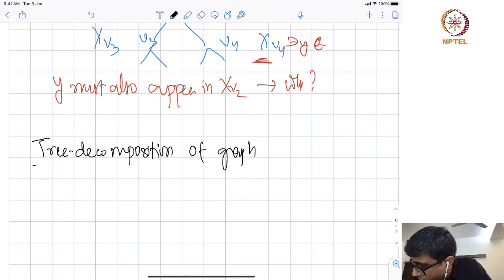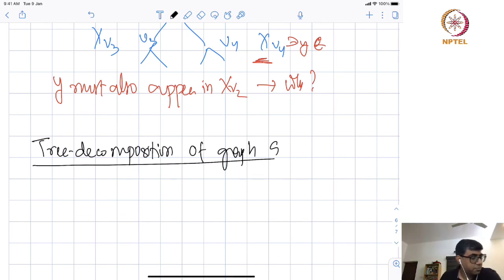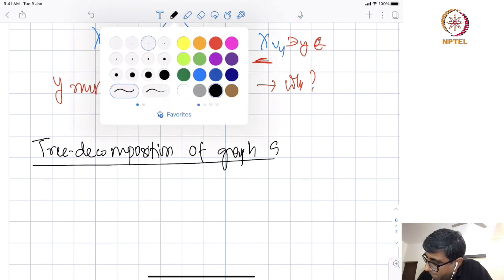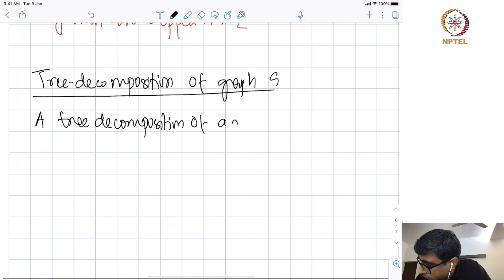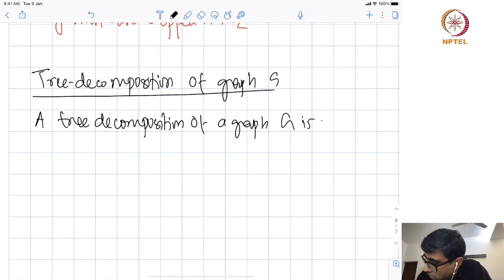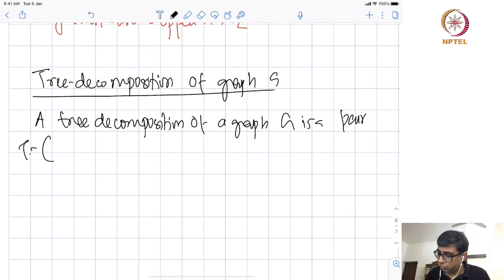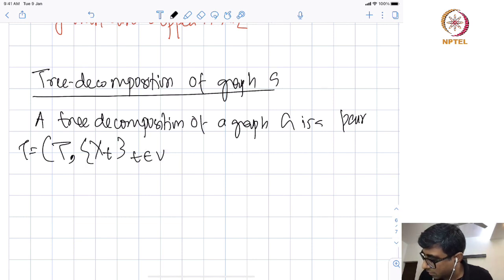So what is the tree decomposition of a graph G? A tree decomposition of a graph G is a pair. What is a pair? Okay, is a pair T equal to (T, {xt}), t in V(T).